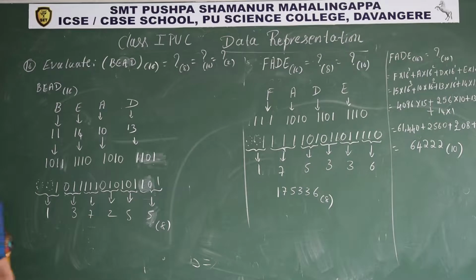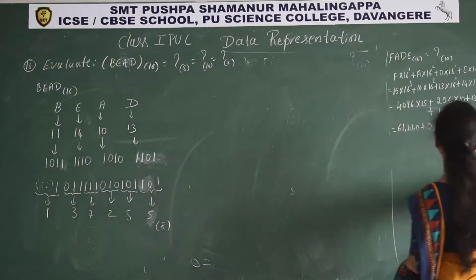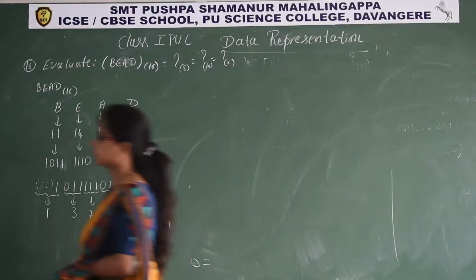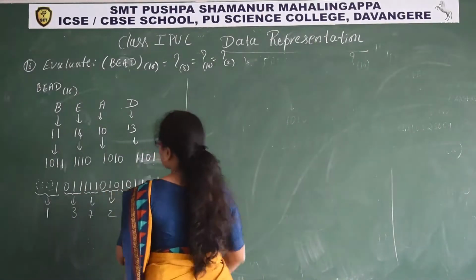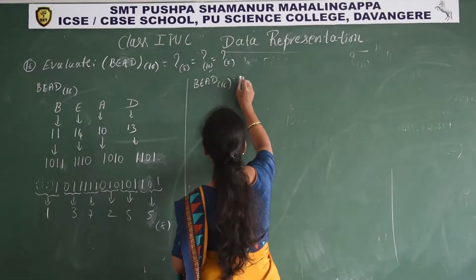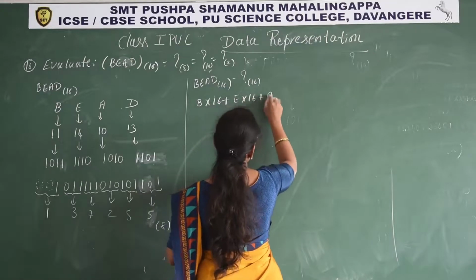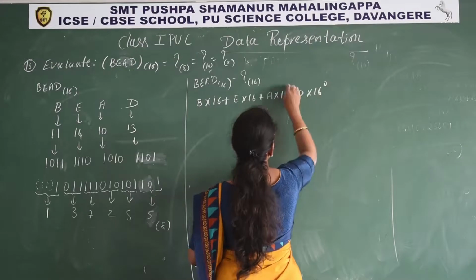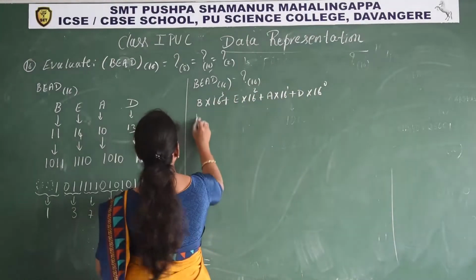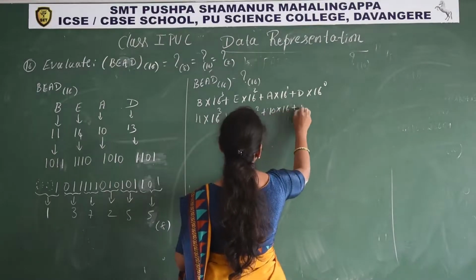Next, decimal. 11 into 16 to the power of 3 plus 14 into 16 to the power of 2 plus 10 into 16 plus D into 1.